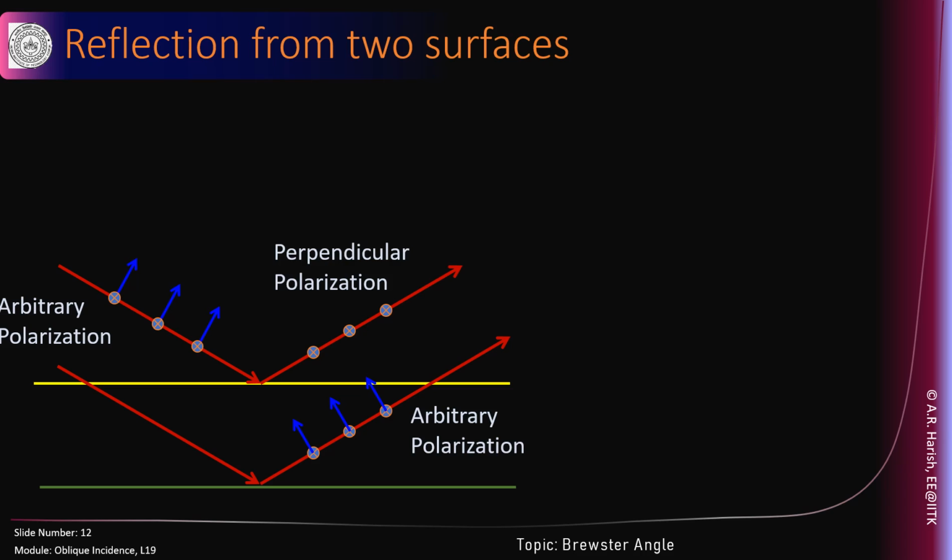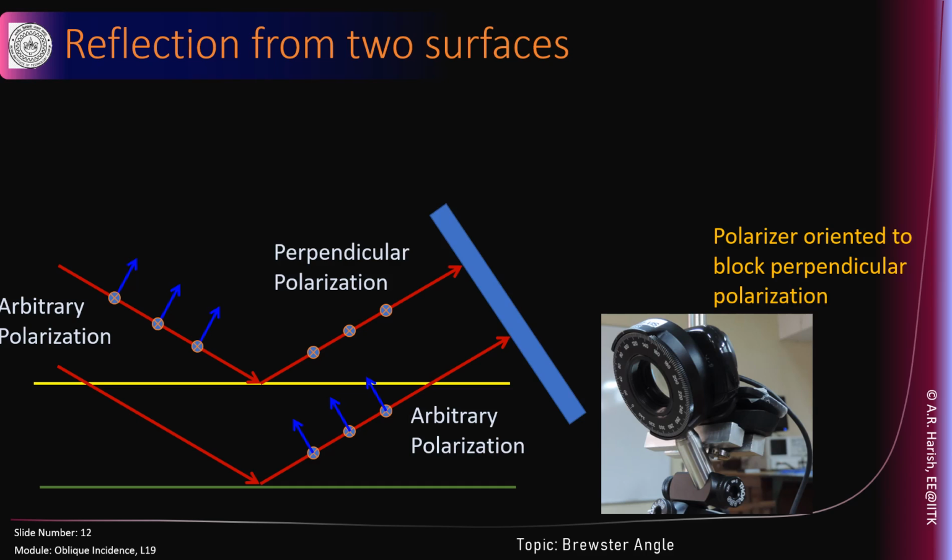So, at the end of the thing, we are seeing two images probably. One coming from the top surface, what we call colloquially reflection from the top surface of the glass, and the other one from the bottom surface, what we call the table on which the glass plate is kept. Now, if I were to put a device called a polarizer. A polarizer is a device which will allow only one particular polarization to pass through.